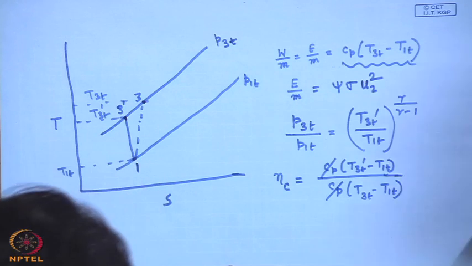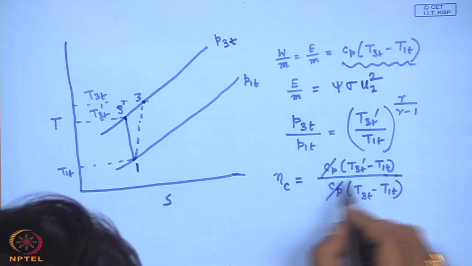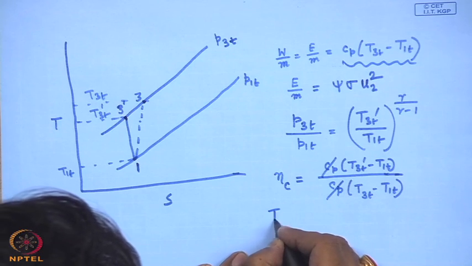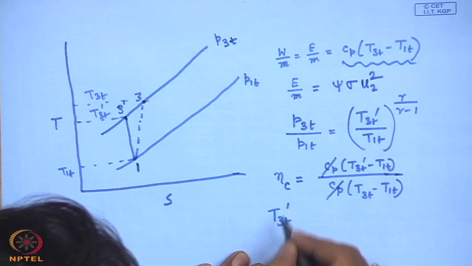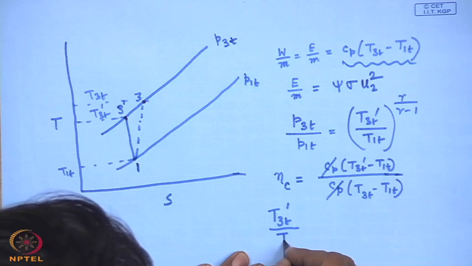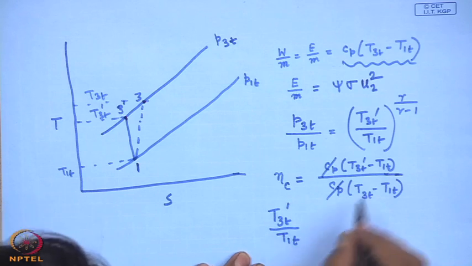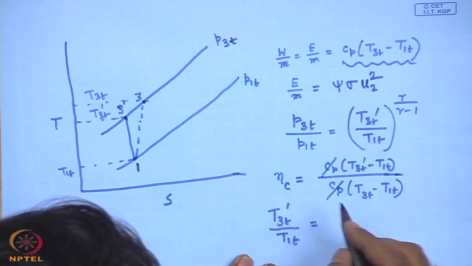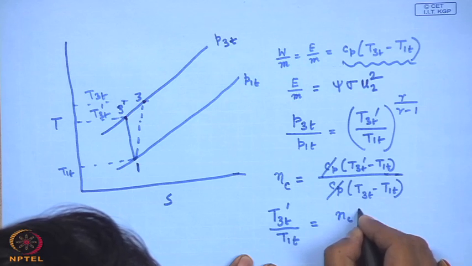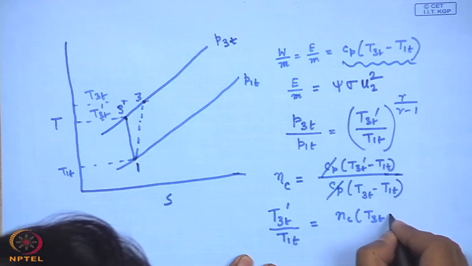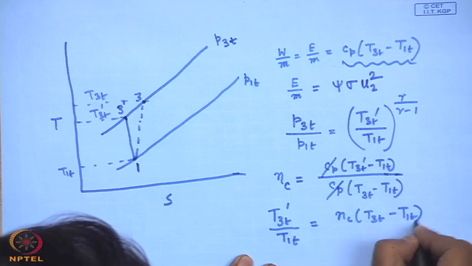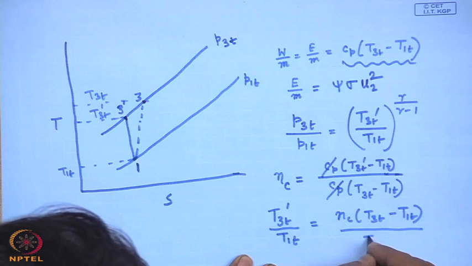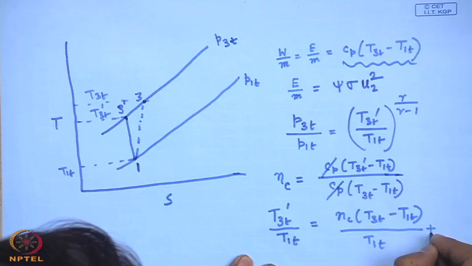Then we can write T3T dash divided by T1T equals eta C into T3T minus T1T, divided by T1T, plus 1. Am I correct?